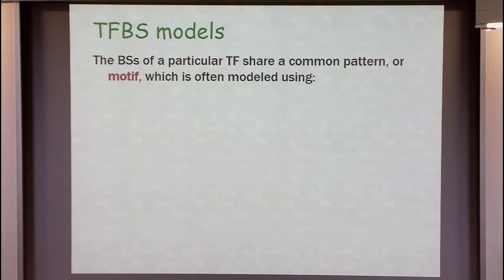The word motif is used to describe the set of binding site sequences that together constitute this motif. The first and most simple model would be a consensus string. We can just say, okay, this is the string that the protein binds, and that's it. But we've seen that this is very limited because in reality it does bind different sequences with mutations and variations.